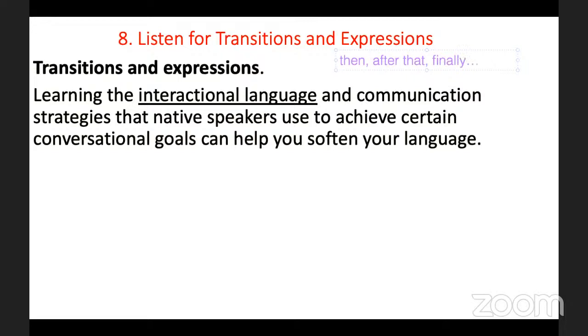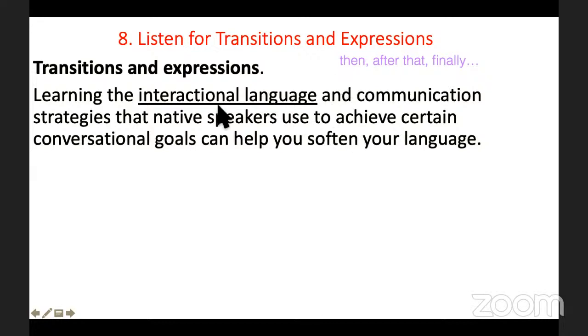So these transitions and expressions are especially important because they promote interaction between the content you're trying to say, because you're connecting the ideas.